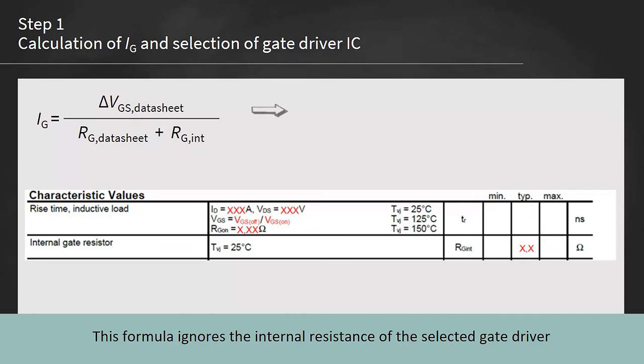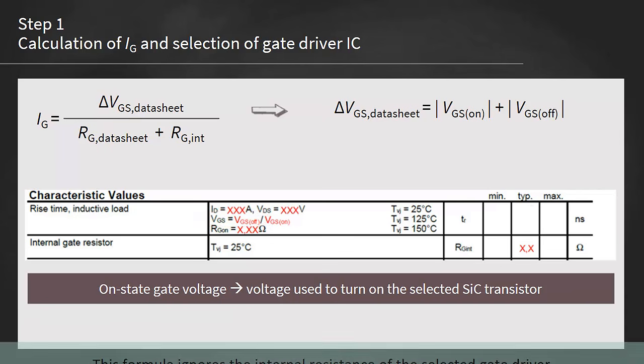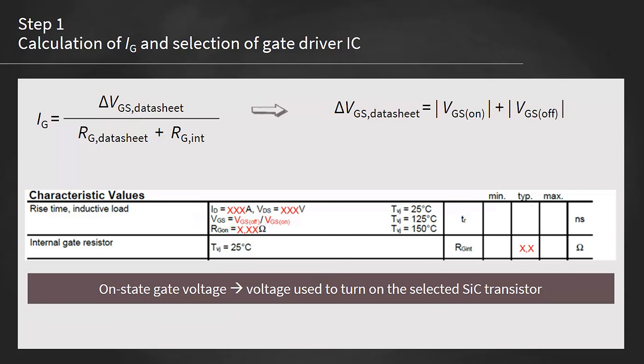Delta VGS datasheet can be calculated as the sum of the absolute values of the on-state gate voltage, VGS on, and the off-state gate voltage, VGS off. The on-state gate voltage is the voltage used in the datasheet switching characteristics measurements to turn on the selected silicon carbide transistor.